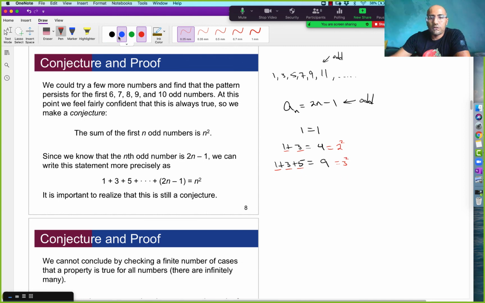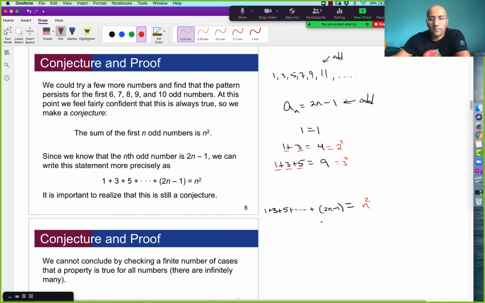So if we want to find the sum of these, it would go somewhere down here: 1 plus 3 plus 5 plus dot, dot, dot, and then the nth and last number would be 2n minus 1. So following this pattern, this should be equal to the number of odd numbers squared, which is n squared.